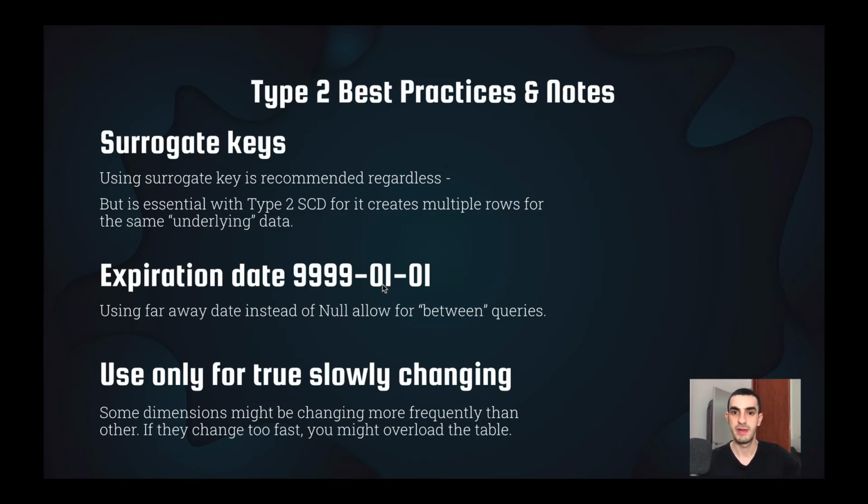So some best practices and notes for using things like the type 2 slowly changing dimension. First, we must use surrogated keys.